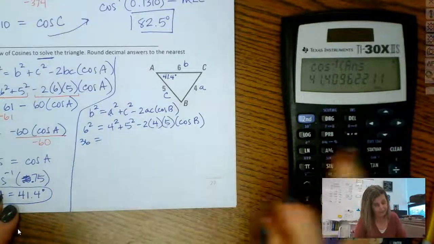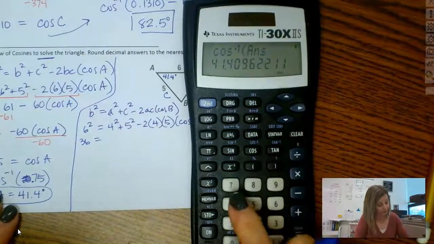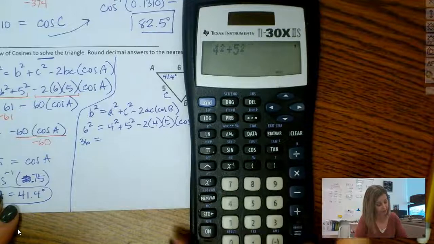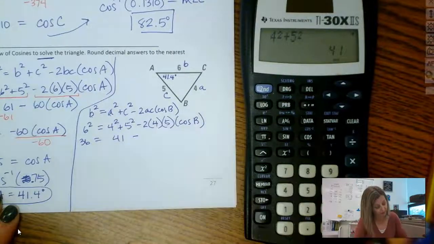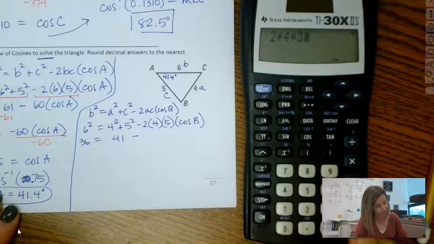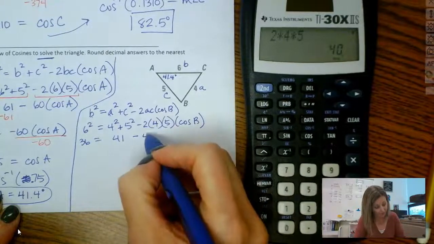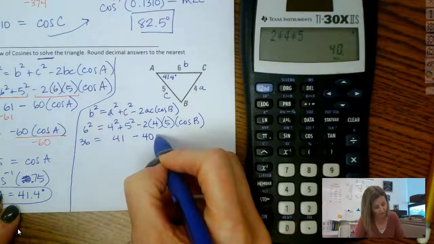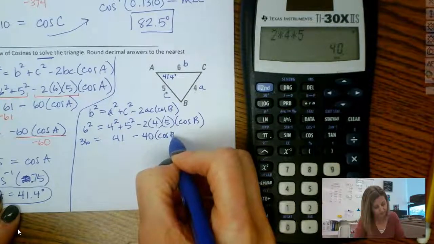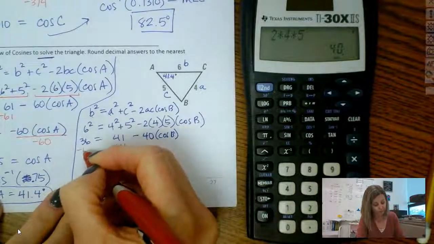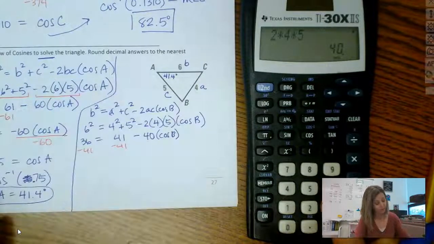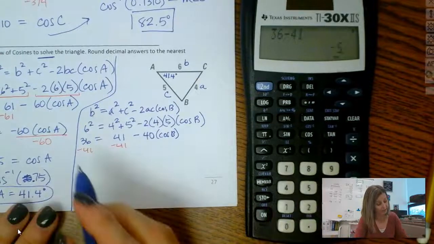Okay, 36, and then I'm going to do 4 squared plus 5 squared. Both of these consolidate to 41, and then 2 times 4 times 5 is 40 times cosine of B. Then I need to move 41 over. So 36 minus 41 is negative 5.